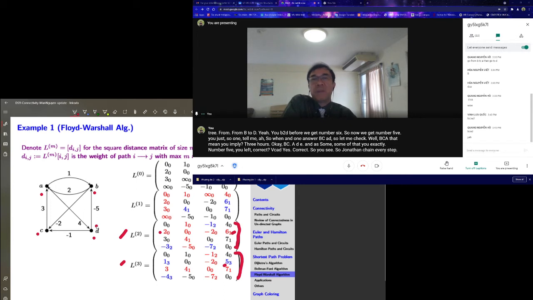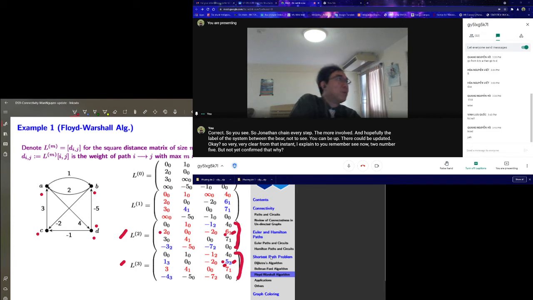So you see, the algorithm changes every step. The more arcs are involved, the more hopefully the label of the distance between a pair can be updated. Very clear from the last instance I explained to you, number 6 down to number 5, but not yet confirmed. That's why we write it in blue, right?